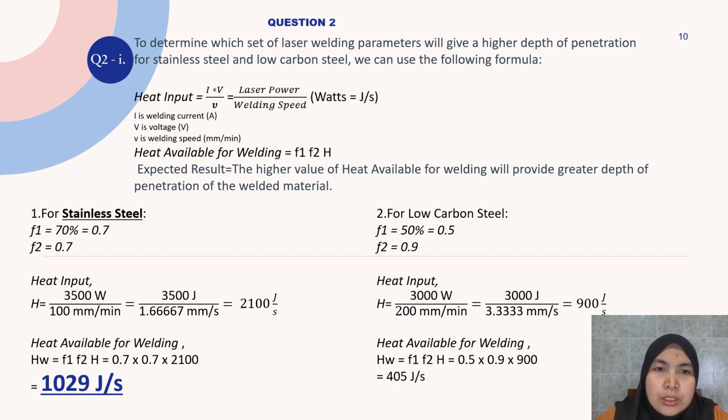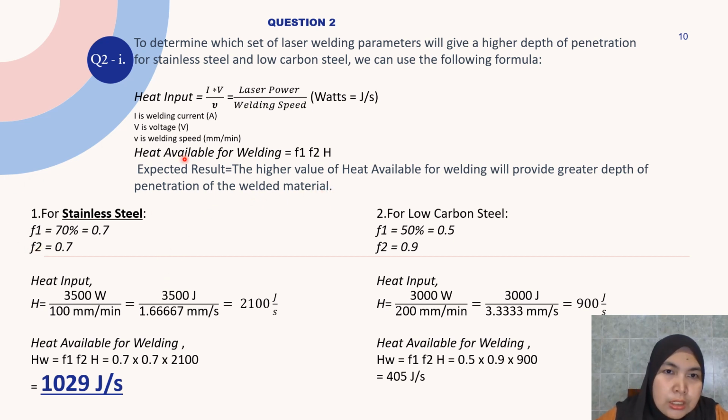The formula that we can use: we need to calculate the heat input first, and then the heat available for welding. The expected result after calculating these two is that the higher value of heat available for welding will provide greater depth of penetration of the welded material.